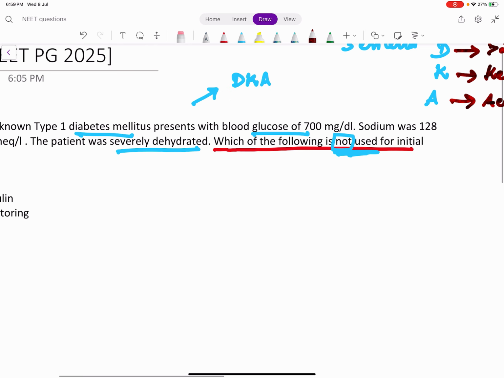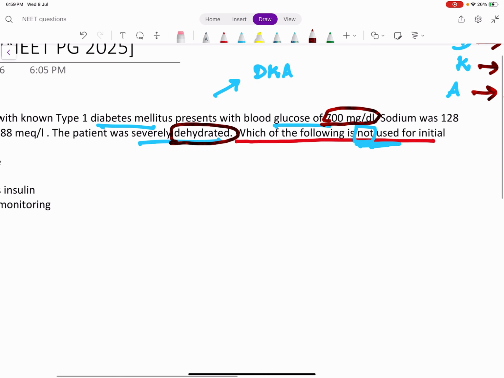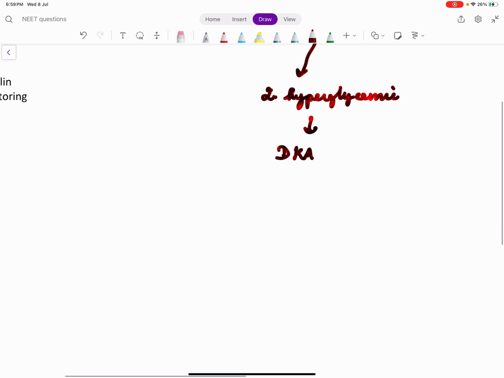So this patient is having sugar of 700. He is severely dehydrated. They didn't give any mention about the ketones or acidosis, but this probably has to be DKA because there are only 2 hyperglycemic emergencies. One is DKA, another one is HHS.